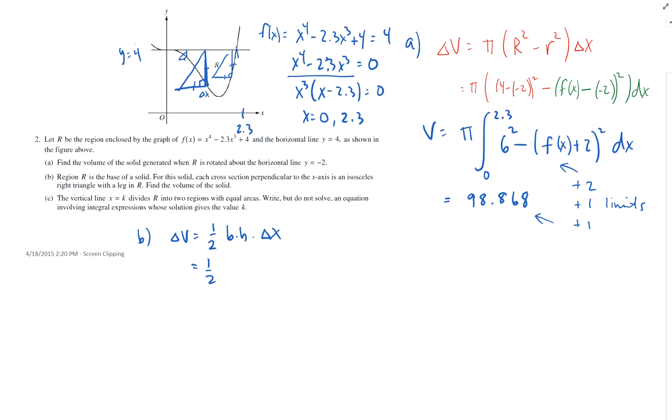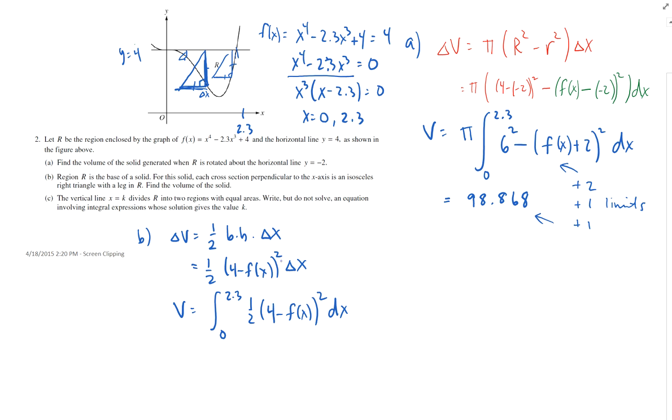How long is that leg? It's the top minus the bottom, 4 minus f of x. And because it's isosceles, the height is the same length, squared, times delta x. So the volume is the integral from 0 to 2.3, because I have to add them up, of 1/2 times 4 minus f of x, squared, dx.